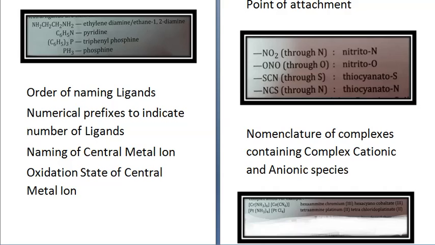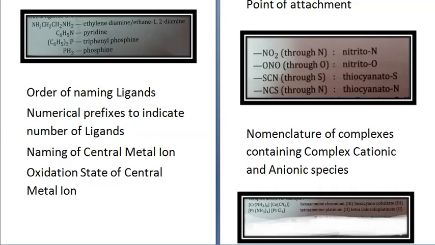The oxidation number is 2, so in Roman, II. For cationic and neutral complexes, the name of the metal is written without any characteristic ending. For example, [Co(NH3)6]Cl3 is called hexaamminecobalt within brackets 3 chloride. So it is just as such.